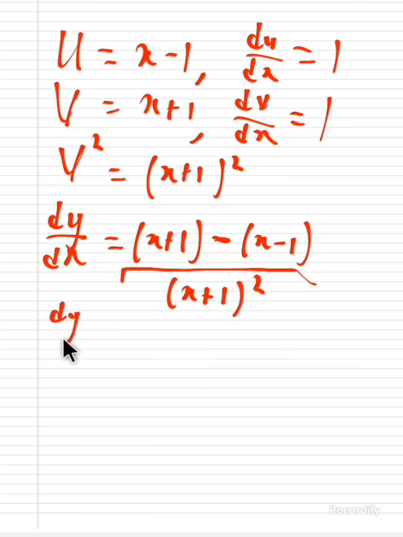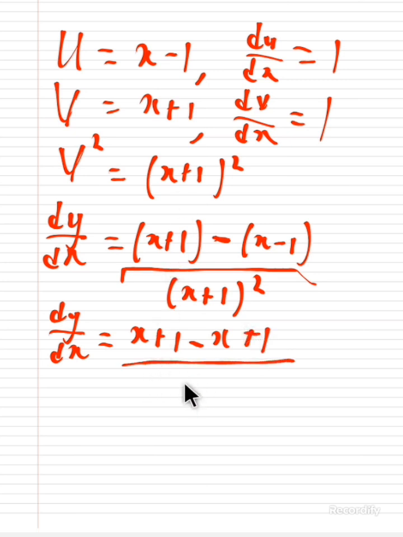Alright, this means now that our dy dx will be equal to, if I open this bracket now, this will be x plus 1, and then I use this negative 1 to open this bracket, that is negative multiplied by positive x. I'm going to have negative x. Negative multiplied by negative 1, I'm going to have positive 1. Okay, all over x plus 1 squared.